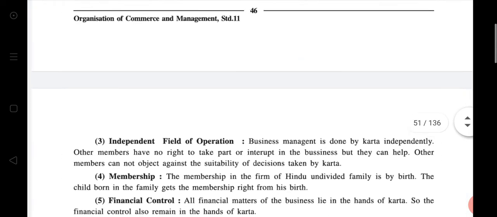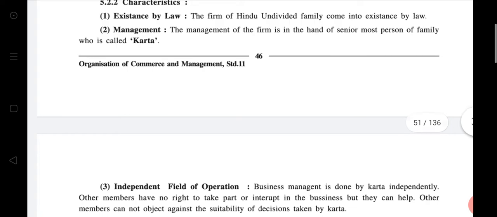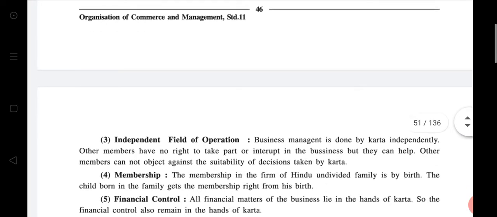How are these perfect characteristics? First one, existence by law. HUF cannot come into existence without any legal procedure, so it has to come into existence by law. Then the management. Management of the firm is in the hands of the most senior person who is called Karta.